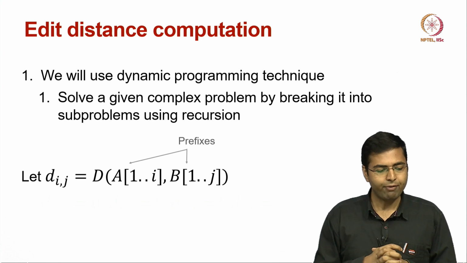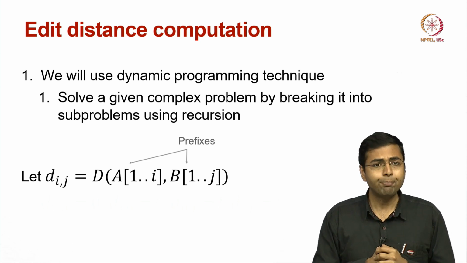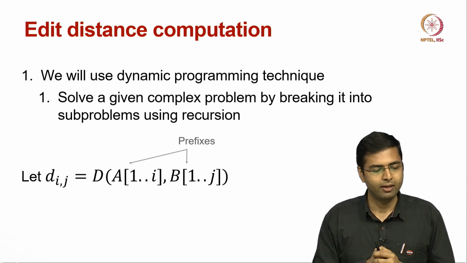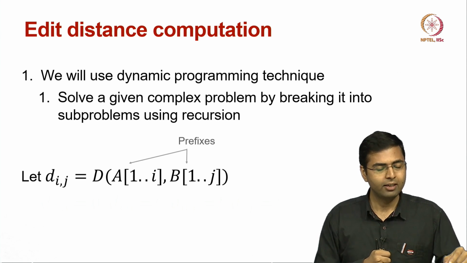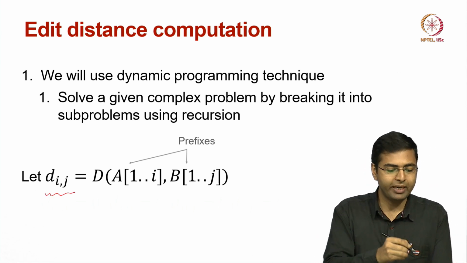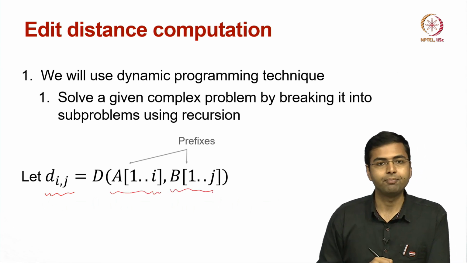So, let me define the subproblem now. The subproblems I am going to define use the prefixes of sequences A and B. Let me denote small d(i, j) as the edit distance between the prefix of A that ends at i and the prefix of B that ends at j.